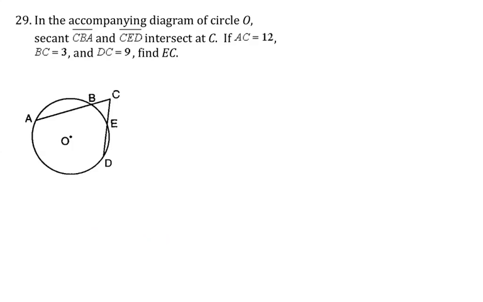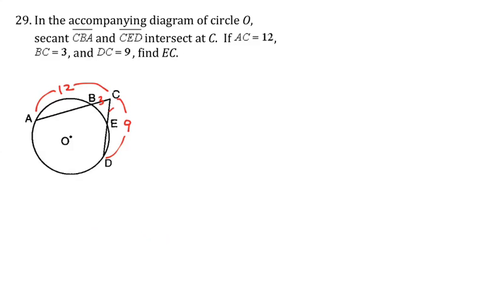So here we have AC equal to 12 from here to here, and then BC is equal to 3. And then DC is equal to 9. What is EC?